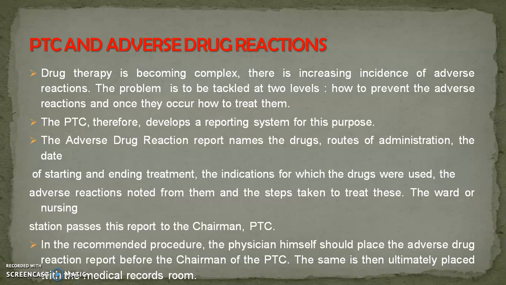The adverse drug reaction report includes names of drugs, routes of administration, the dates of starting and ending the treatment, the indication for which the drugs were used, the adverse drug reaction noted from them, and the steps taken to treat it. The ward or nursing station passes this report to the chairman of the PTC. In the recommended procedure, the physician himself places the adverse drug reaction report before the chairman of the PTC, and the same is then ultimately placed with the medical record room.